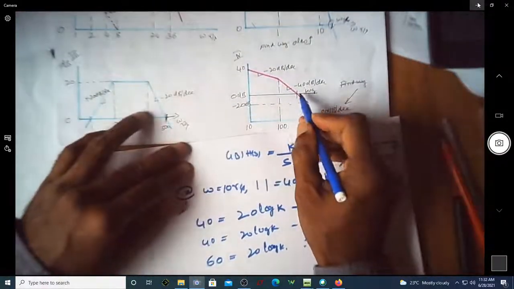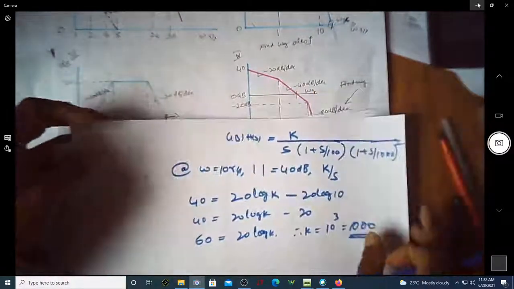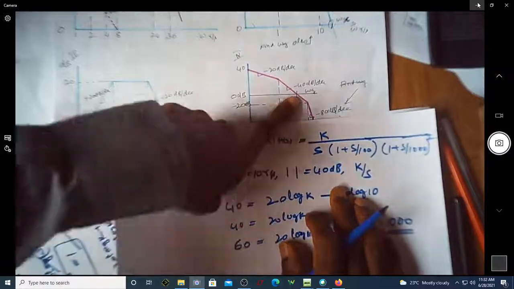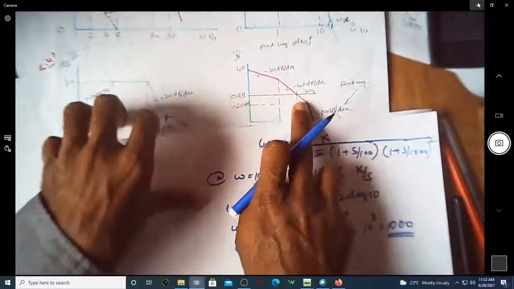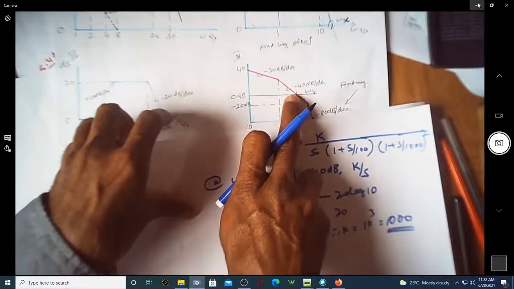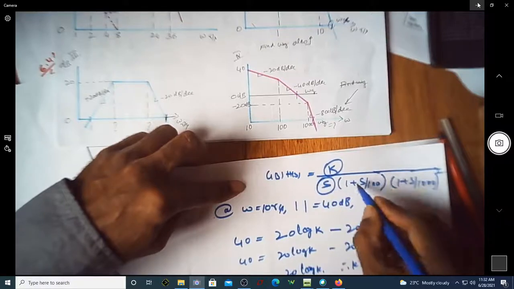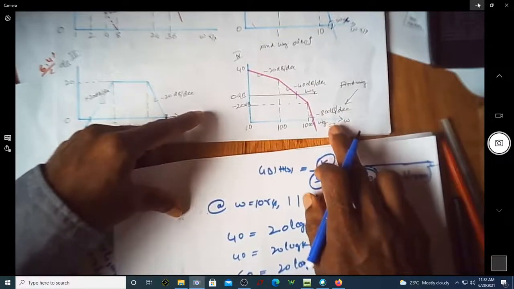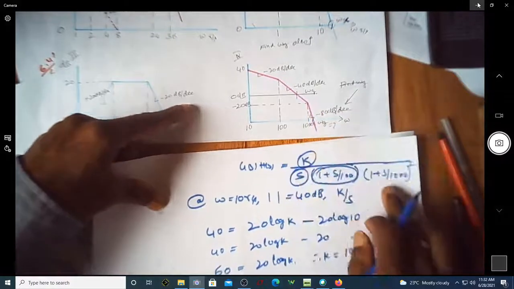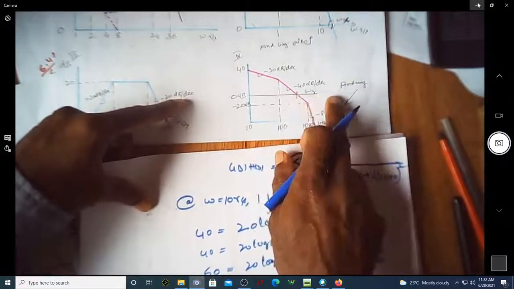If you are asked to find the gain crossover frequency at 0 dB, you can find it now. To find this gain crossover frequency, we have to consider only those terms which are responsible at this particular frequency. At this frequency, we have the terms k, 1 over s, and 1 over 1 plus s by 100, and these are the only three terms that are contributing. The term 1 plus s by 1000 whole square is contributing only after omega g.